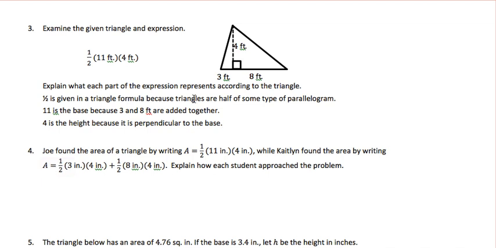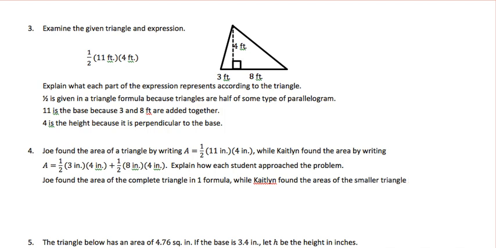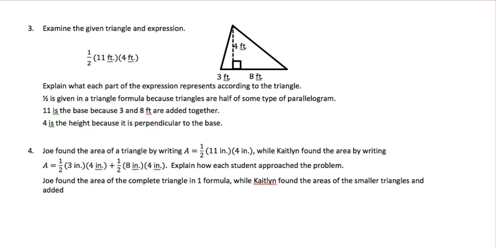And Caitlin did 1/2 times 3 times 4 and 1/2 times 8 times 4. So Joe found the area of the complete triangle in one formula, while Caitlin found the areas of the smaller triangles and added them together.